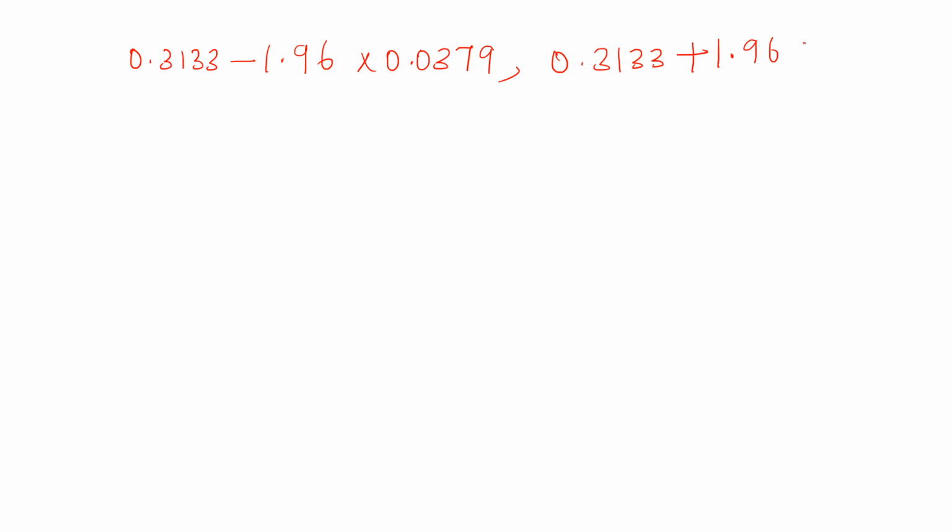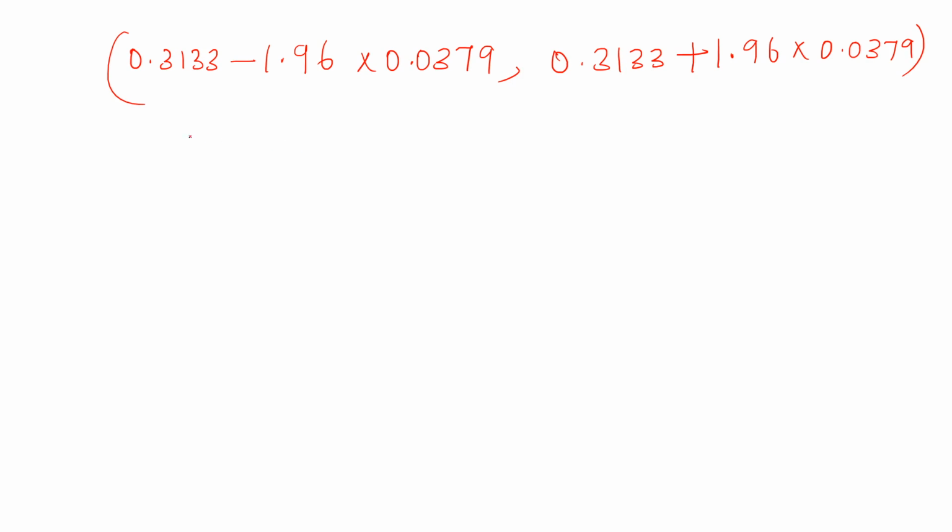So we will be getting, substitute the values, 0.3133 minus 1.96 into 0.0379 and 0.3133 plus 1.96 into 0.0379.